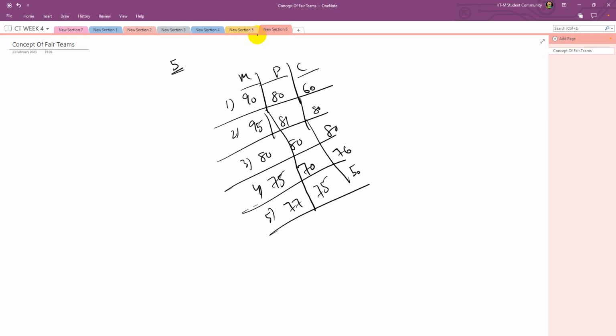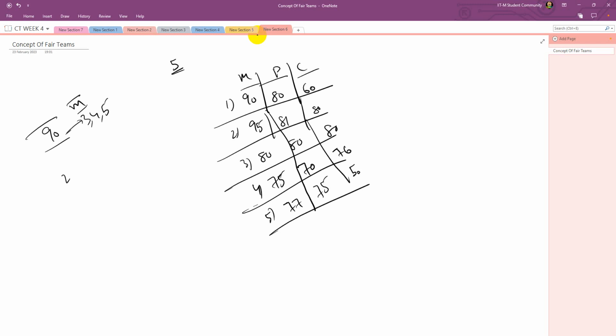So what is the concept of fair teams? A fair team is developed when a student having higher marks helps a student having fewer marks. For example, student number 1 has 90 marks in mathematics, and he can help any student who has less than 90. The first student can help students 3, 4 and 5, only in mathematics.